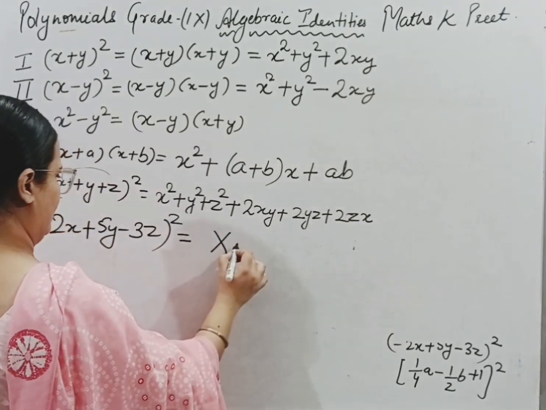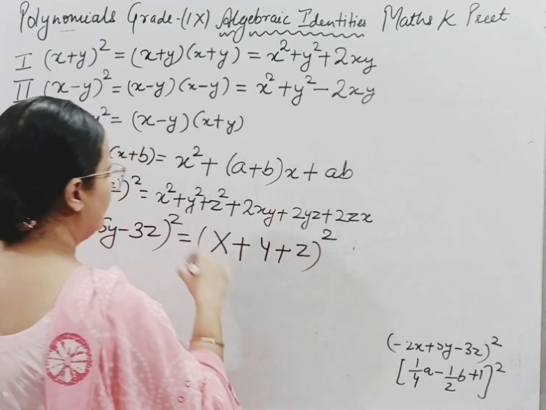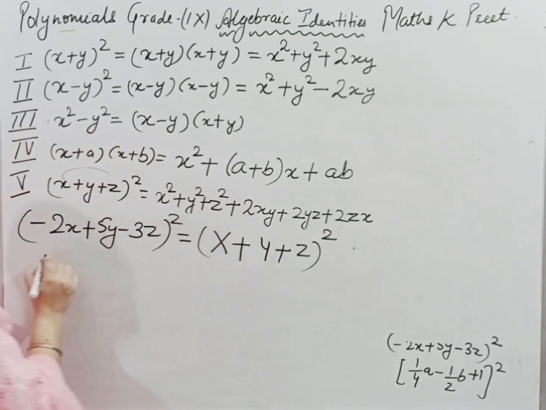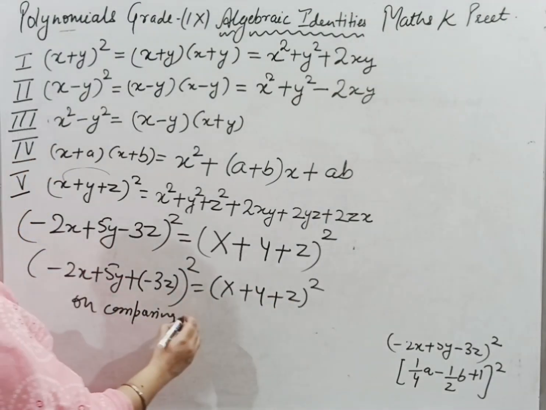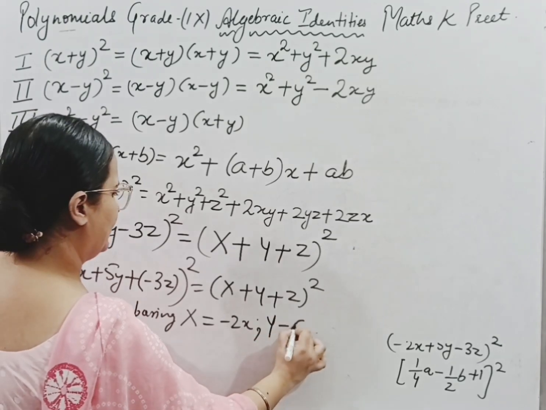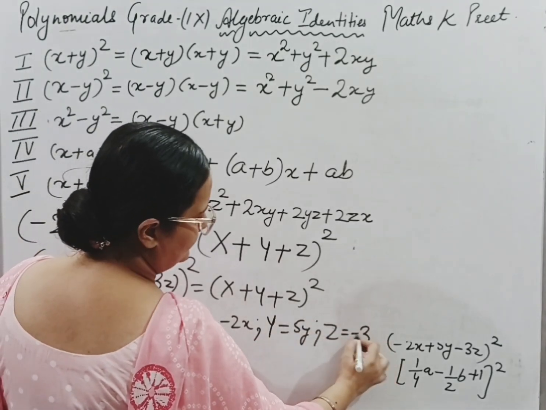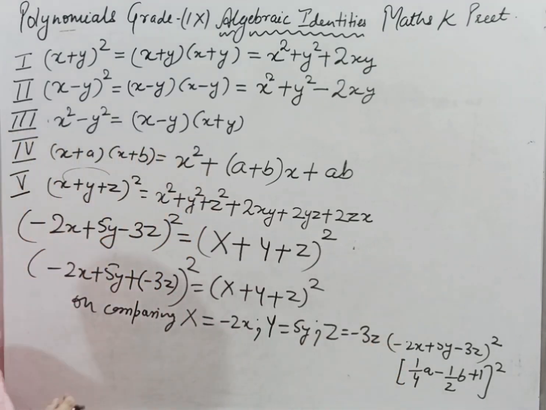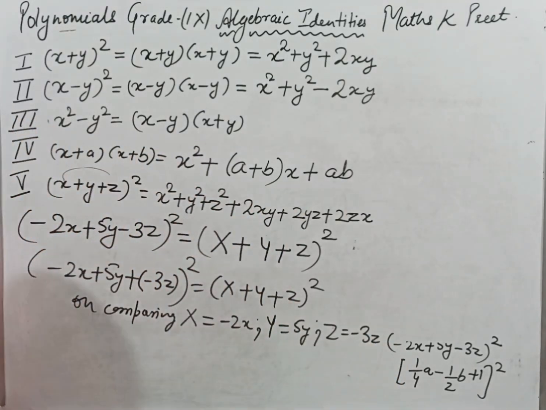So I can write minus 2x as capital X, 5y as capital Y, and minus 3z as capital Z. Comparing these two, capital X is equal to minus 2x, capital Y is equal to 5y, and capital Z is equal to minus 3z. Now I can put these values directly in the expansion using identity number 5.